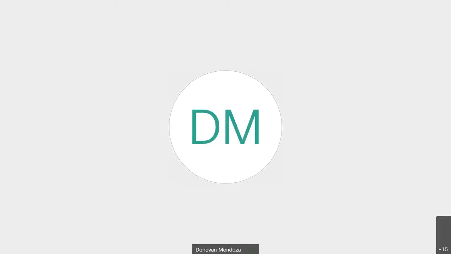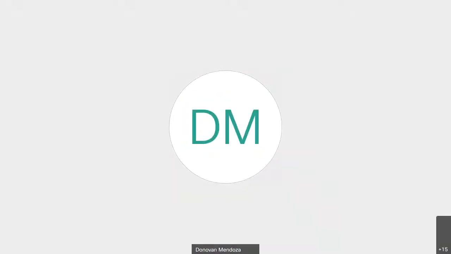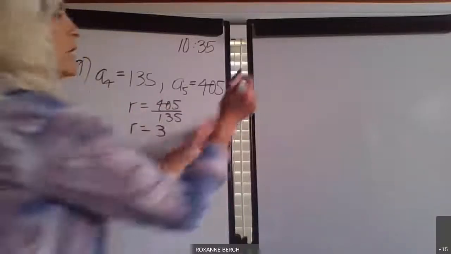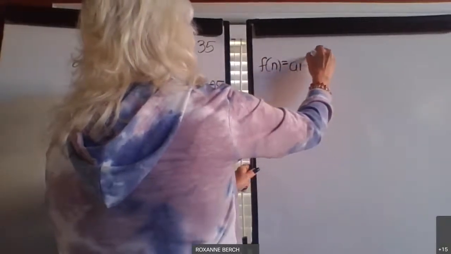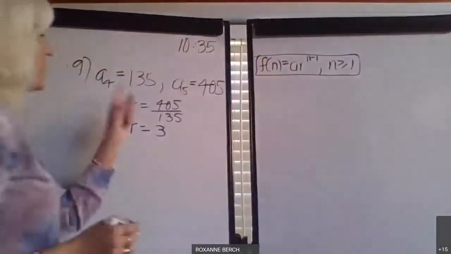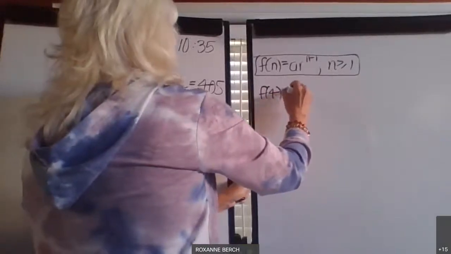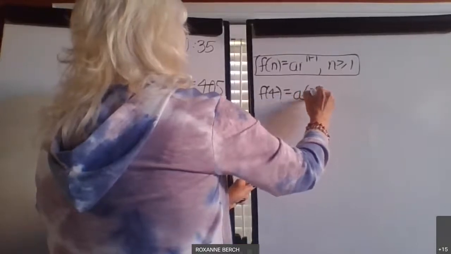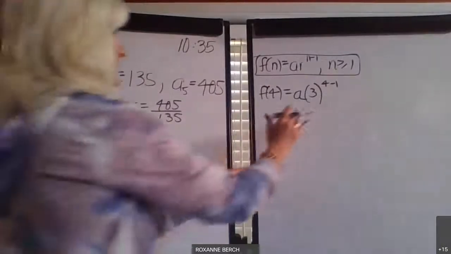Now, watch. Do you realize that you can use either one to find the first term? And I'm going to show you just to prove it. So the rule is f of n is equal to a times r to the n minus 1 for the first term. So if I want to use this one, we would say f of 4 is equal to a times r to the 4 minus 1.